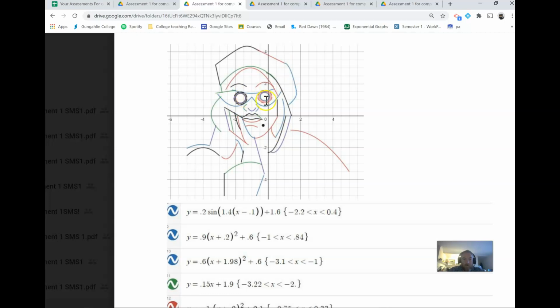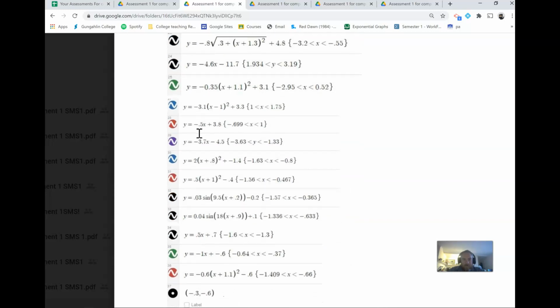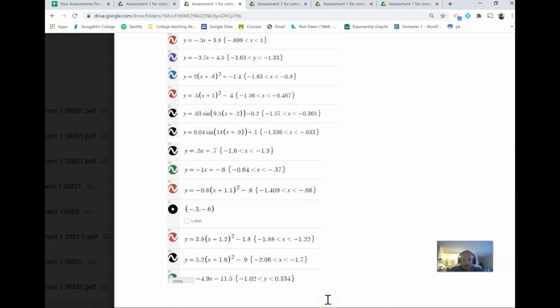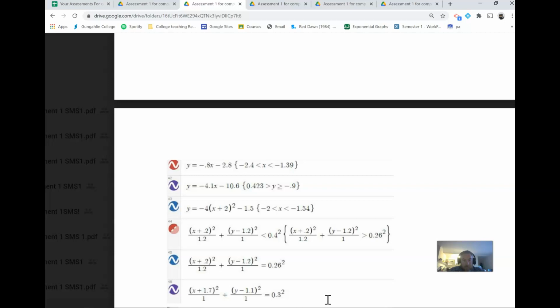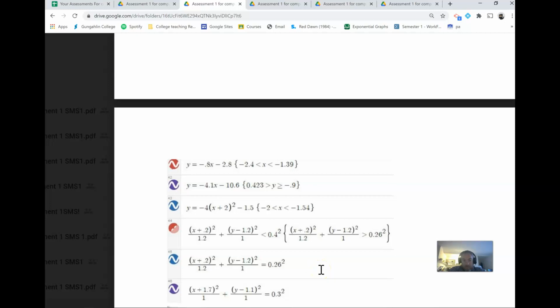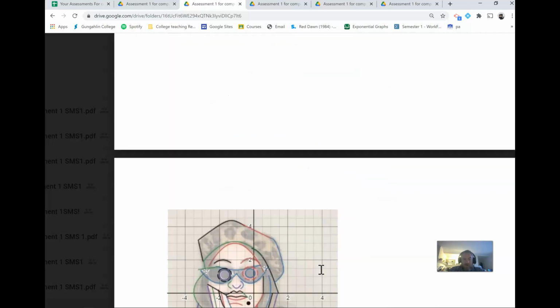I think those blue ones around the eyes, they've used it to widen the ellipse, it looks like. And they've coloured it in effectively, and they've used two equations to restrict domain and range, so less than, greater than. Okay, overall, I'm very impressed with this.